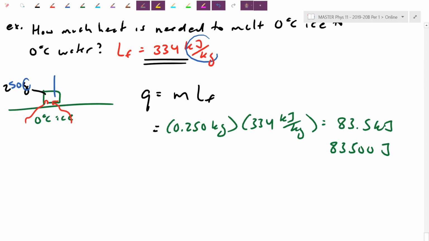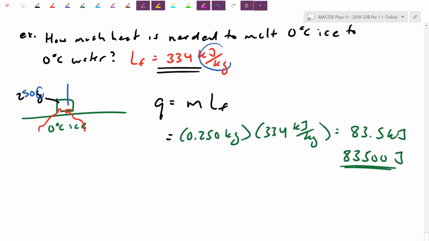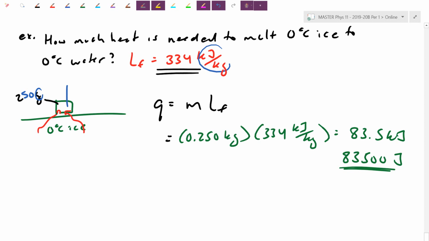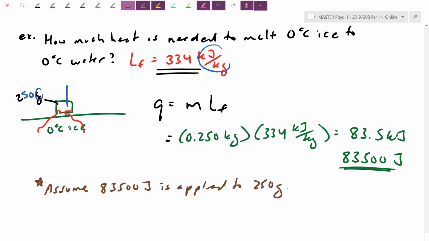That's a ridiculous amount of heat. That was bigger than the number from earlier. Earlier, we had already heated up going from 10 degrees to 50. This is now a huge amount just to take 0 degree ice to 0 degree water. In fact, what I want you to end off with here, just to put that in context, is to assume this 83500 joules is applied to 250 grams of 0 degree water.